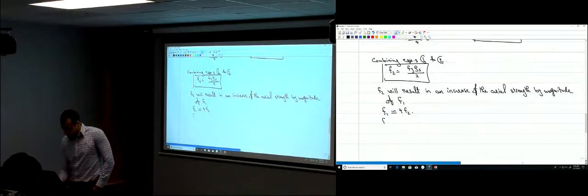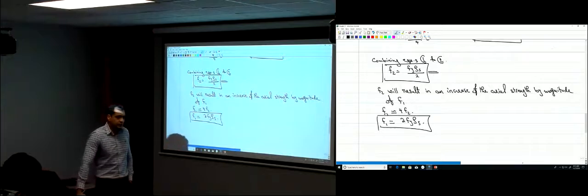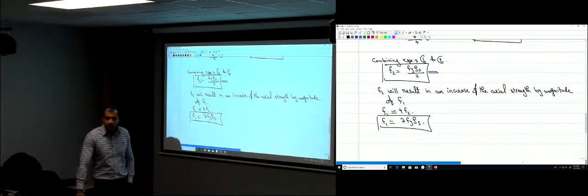The increase in the axial stress will be of the magnitude of 4 F2. We already have this equation for F2, so it's 2 F yield rho S. So that's the increase in the axial stress due to the confinement of the core of the concrete. Is this clear for everyone?